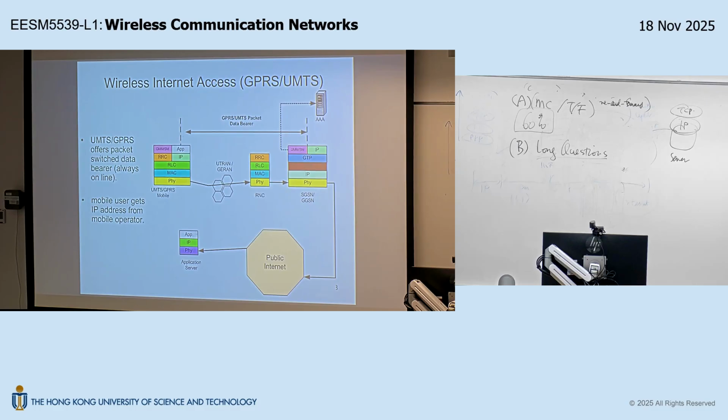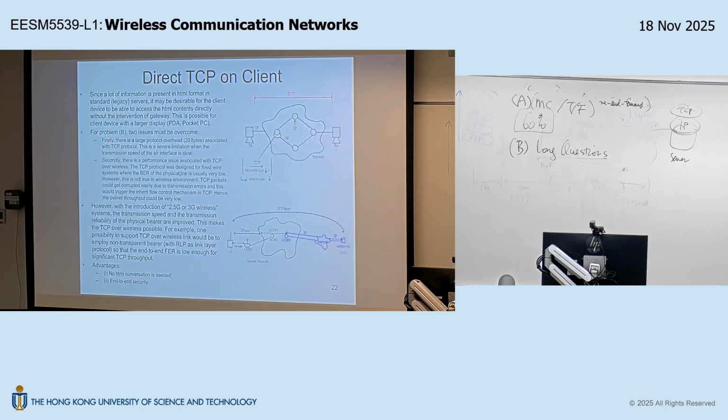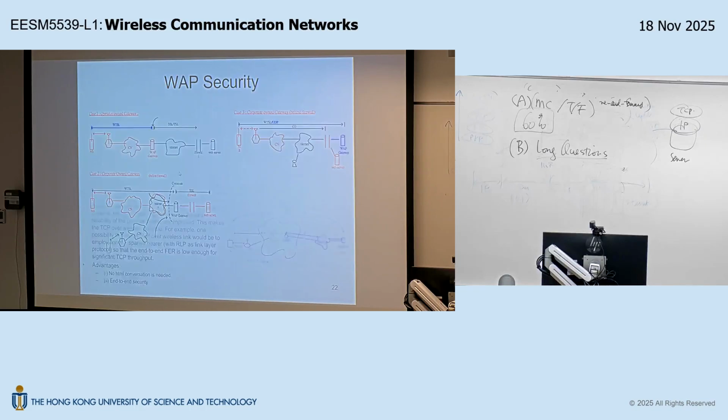With HTTPS being end-to-end, there will be no security weakness as we talked about. There won't be any gateway to do decryption and re-encryption, because now the SSL and TLS can go all the way to the TCP socket at your mobile device. Is that okay? So this is what I just talked about.